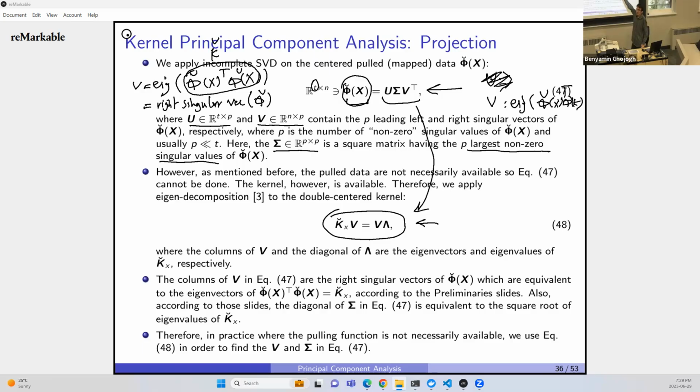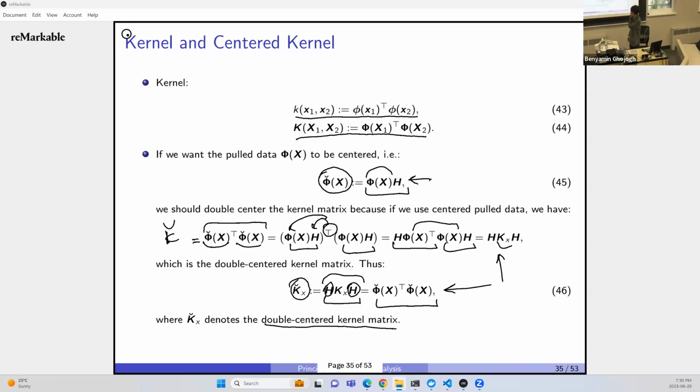I'm using the same idea: rather than applying SVD on X hat, I'm applying SVD on Phi hat in kernel PCA, but Phi hat is not available. I know from the preliminaries that V is the eigenvectors of Phi hat transpose Phi hat, which we showed in equation 46 is K hat, the double centered kernel.